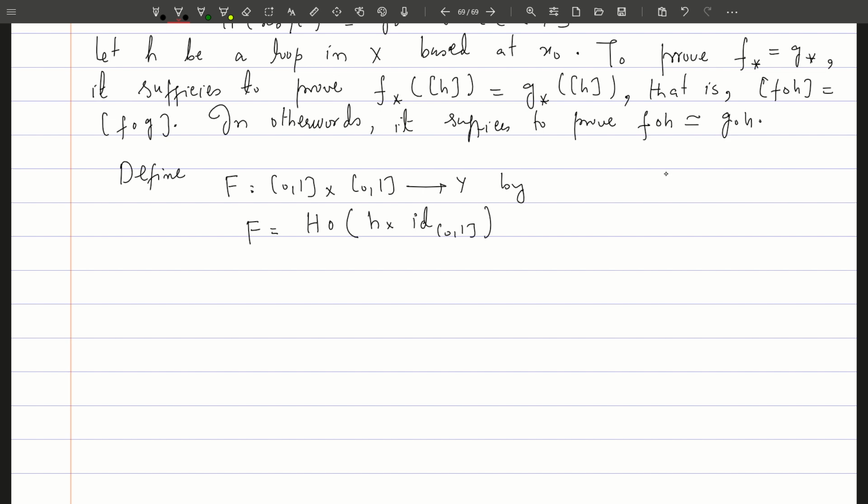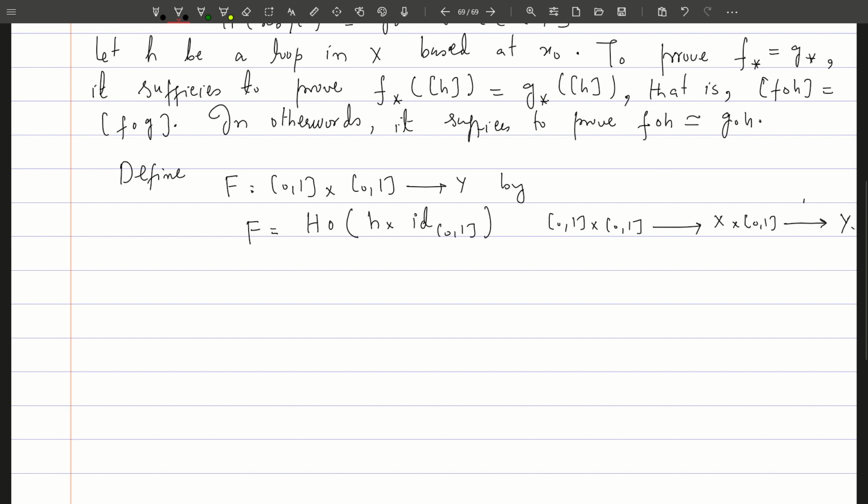So one can look out here, we have a map between the spaces 0 1 cross 0 1 into the space X cross 0 1, and X cross 0 1 to Y.